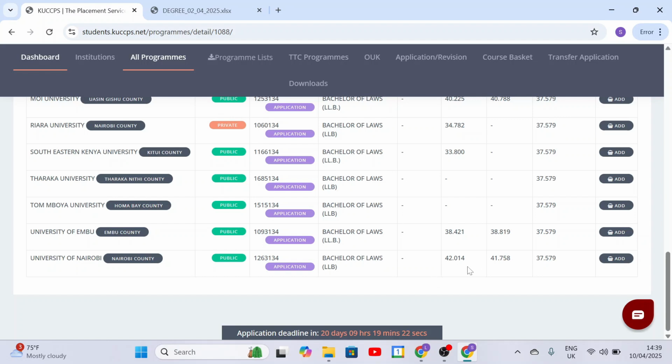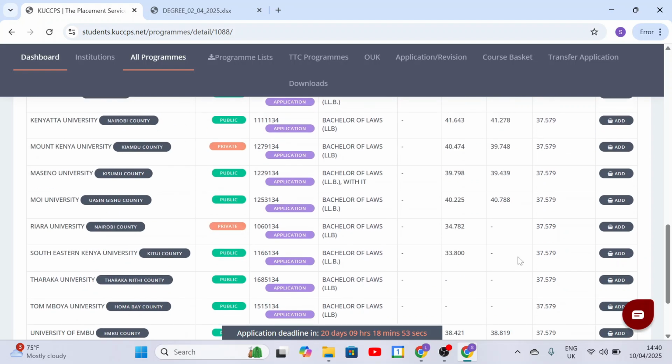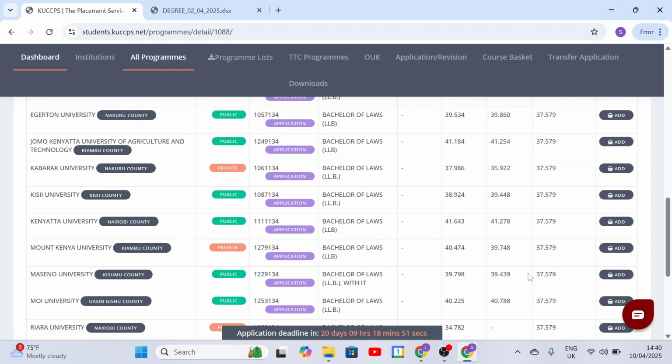The difference is too wide. Actually, it seems that the cluster points are on an upward trajectory, apart from a few universities like this. That's what I'm saying. If you are to select it, let the difference be very minimal, not a very big difference like the one we have here. But if it's a difference of 0.9, pretty much 1, you can maybe put your foot forward and try to see whether it matches.